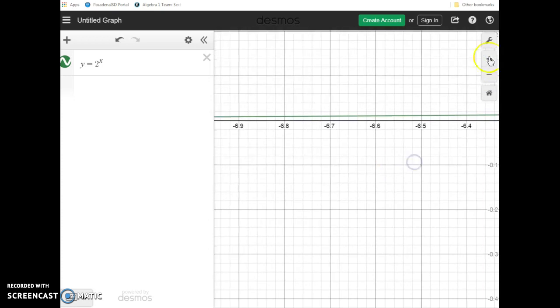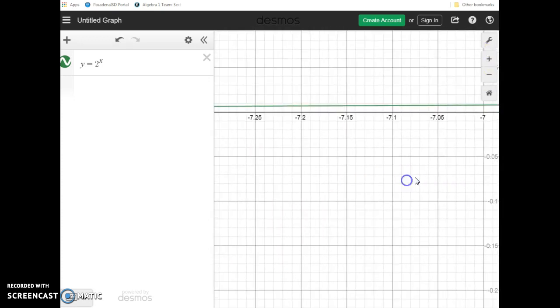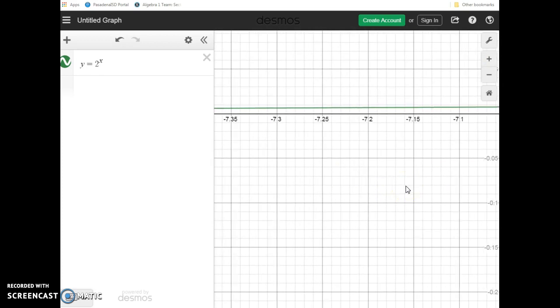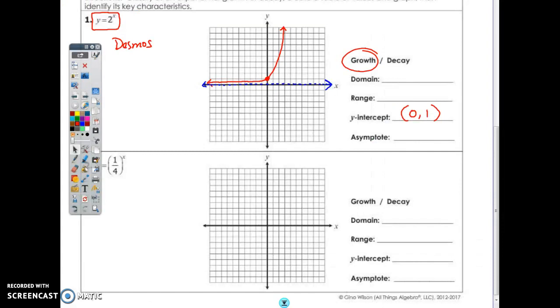It just gets really, really, really close, right? But it never touches it. That's what an asymptote does. So I'm going to hit the house again so that it can go back to normal. And I'm going to put that my asymptote is at y equals 0. Okay, I drew it for you, the blue line. It's an imaginary line. And it's at y equals 0 because it crosses the y-axis at 0.